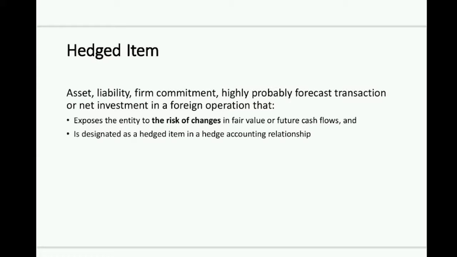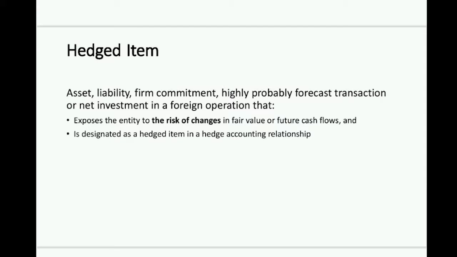So let's get a couple of things straight in terms of the definition. So what is a hedged item? A hedged item could be an asset, a liability, firm commitment, highly probable forecast transaction, or a net investment in a foreign operation. So this is a wide variety of things that could be the hedged item.